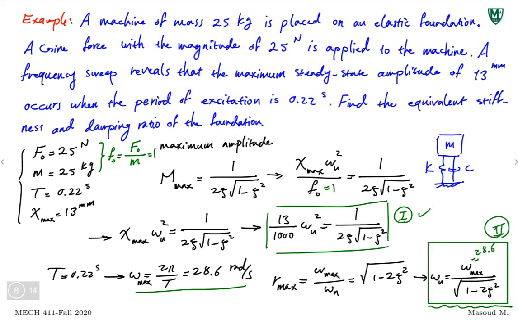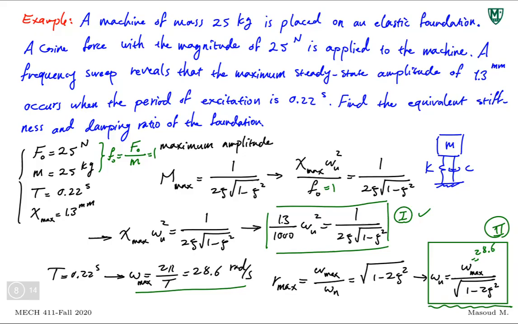Now, what else do I have? I'm plugging this omega n into the first equation. Actually, I have to fix something here. That's not 13 millimeters, this is 1.3 millimeters. Sorry about that. The maximum amplitude is 1.3 millimeters, so I'm going to fix it here too.